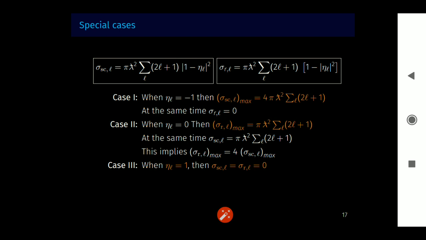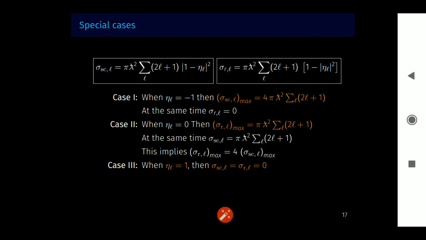The third case is when eta L is plus 1. When eta L is plus 1, what happens to scattering cross section and reaction cross section? Both will turn out to be 0. So if you look at the first case, in the absence of reaction cross section sigma r, there is a scattering cross section.